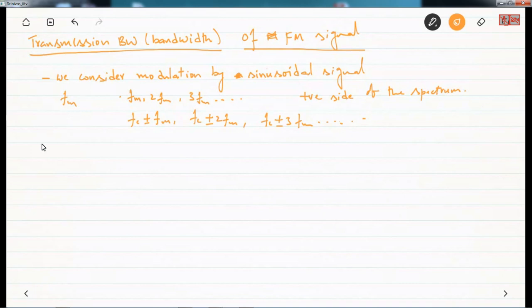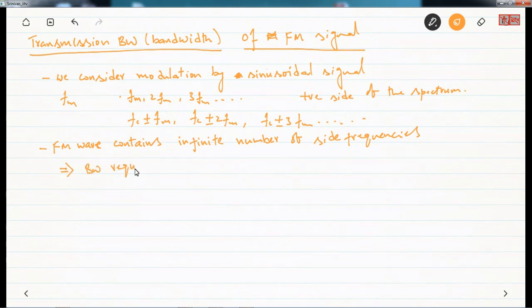An FM wave contains an infinite number of side frequencies, which implies that the bandwidth required to transmit an FM wave is infinite.